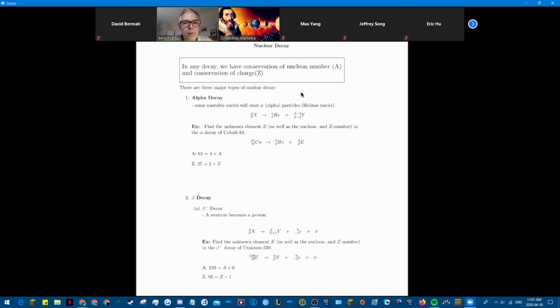There are 3 major types of nuclear decay. The first one is called alpha decay. What happens here is you have your nucleus with mass number A and charge Z. Then it splits into 2 parts: an alpha particle, which is nothing else but helium-4, plus a new nucleus. Notice these are nuclear reactions.